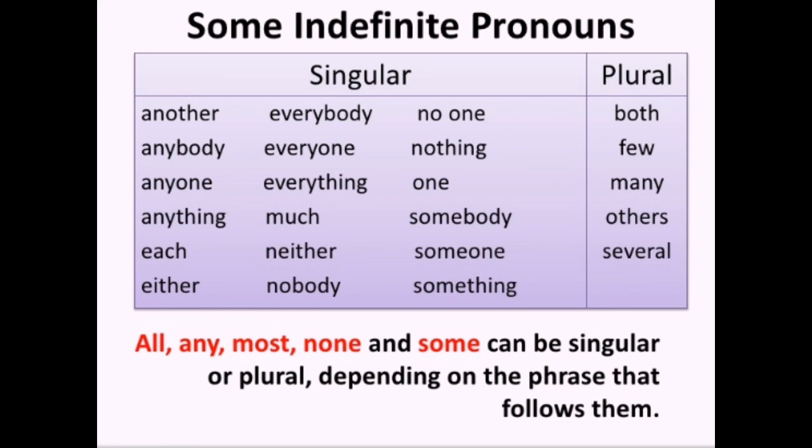So they are in general. Okay, for plural we can say both, few, many, others, several. All, any, most, none, and some can be singular or plural both depending on the phrase that follows them. So basically indefinite pronouns are the ones which refer to the things in general.